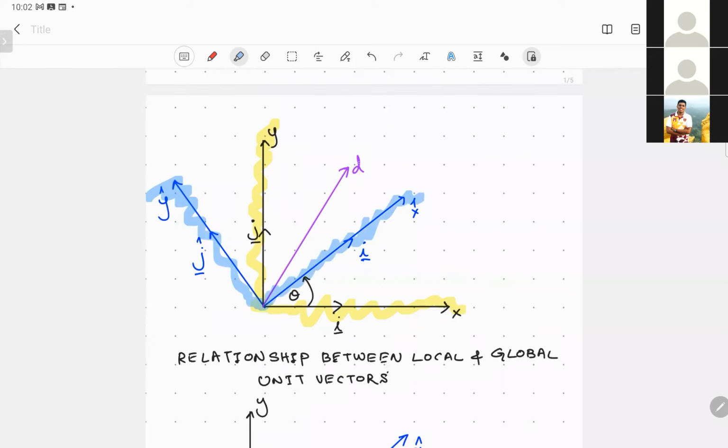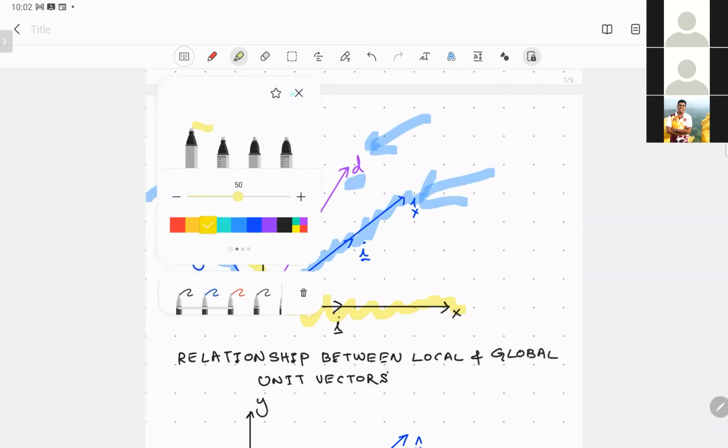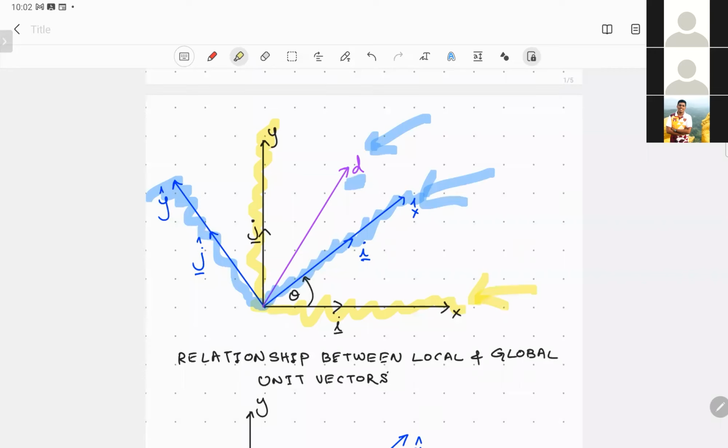So this is vector d, which we have expressed in terms of the local coordinate system as well as the global coordinate system.